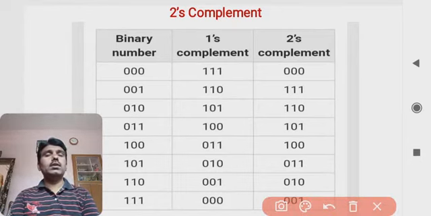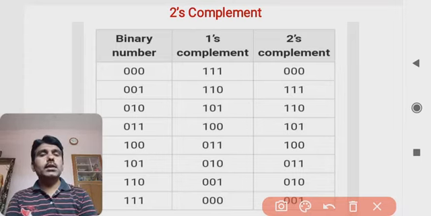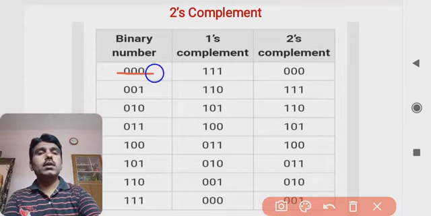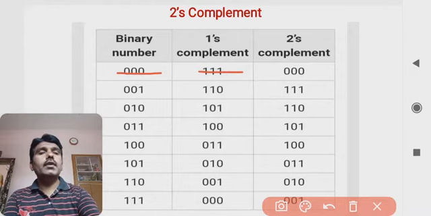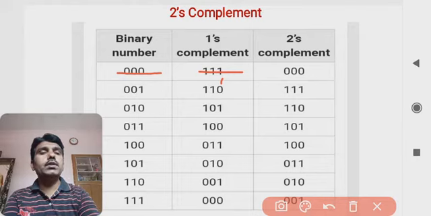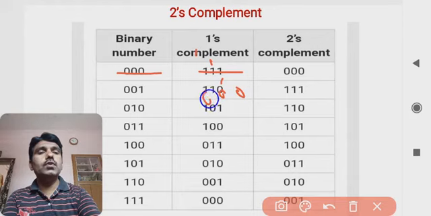example for the 2's complement, in which for 3 digits, the binary number is 000. No doubt 111 will be the 1's complement, and if you add 1 into it, 1 plus 1 is 0 carry 1, again 1 plus 1 is 0 carry 1, again 1 plus 1 is 0 carry 1.